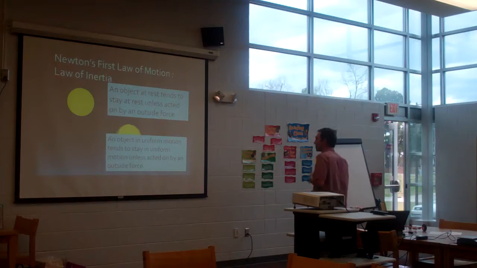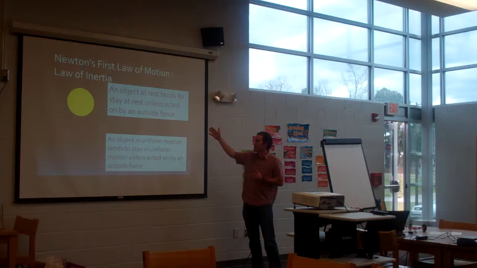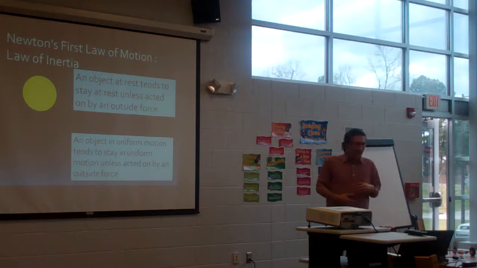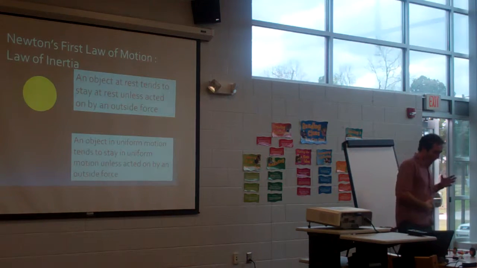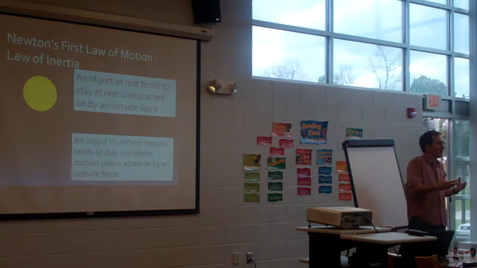Let's remind ourselves what the first law of motion really means. An object at rest tends to stay at rest unless acted on by an outside force. This is really how you want to think about inertia. We use inertia in everyday language, even when we're not talking about masses. It's the tendency of something to want to stay the way it is, either stopped or moving.